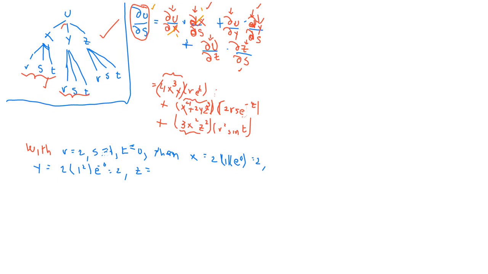And then finally, z would equal 2 squared times 1 times the sine of 0, and that just gives us 0.